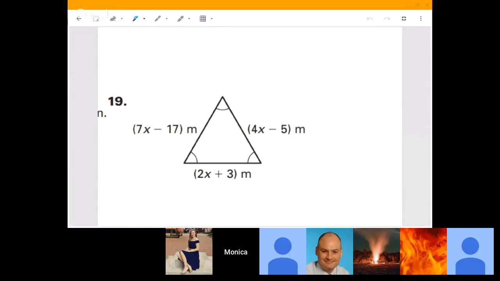So if you look at number 19, what does the diagram tell us about the triangle?